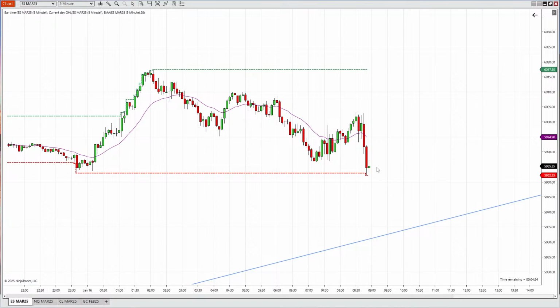So we could just take a straight up bull bar here. I don't think it would be horrible necessarily. I kind of want to find a second entry for this though, really.